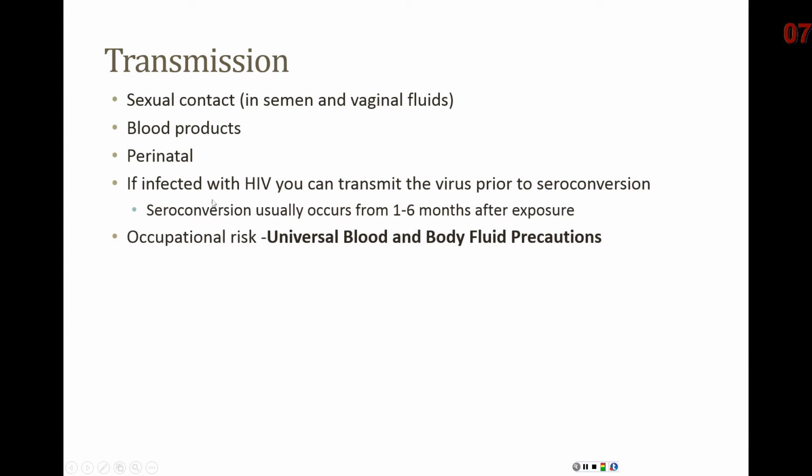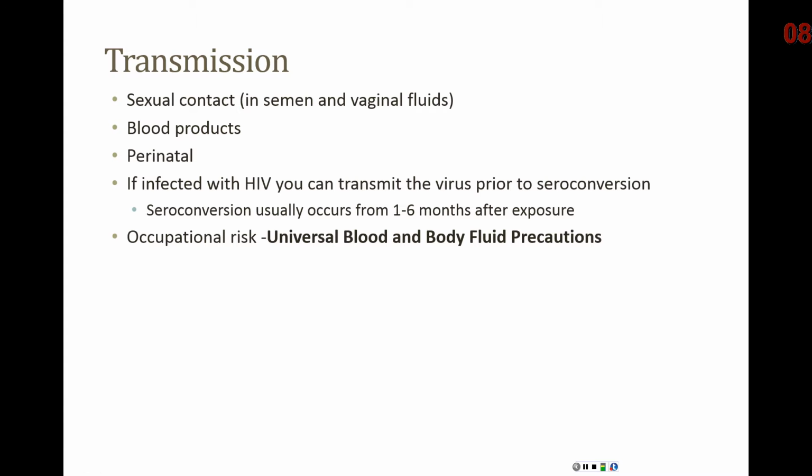Transmission of HIV: sexual contact, body fluids, blood fluids. It can be passed perinatally, as mother to child. It's important to understand that there's this process referred to as seroconversion. Seroconversion refers to the process by which we start making the antibodies in order to attack.